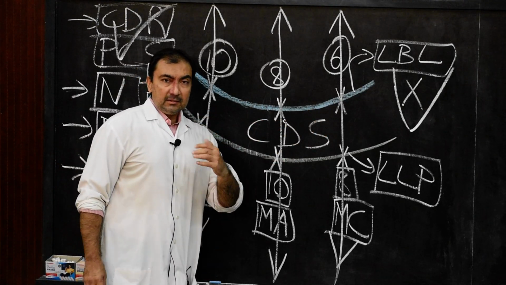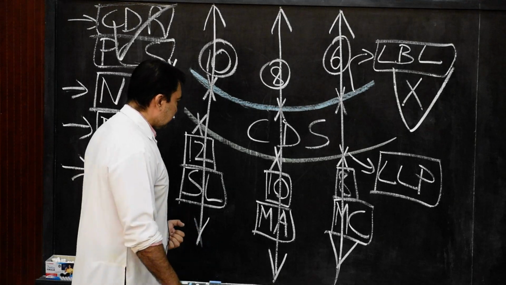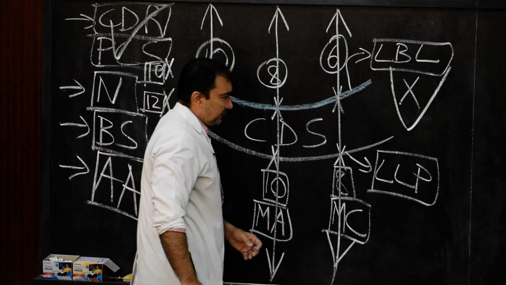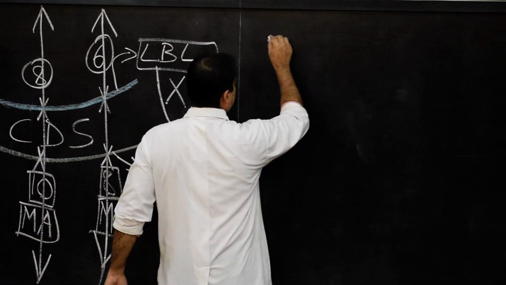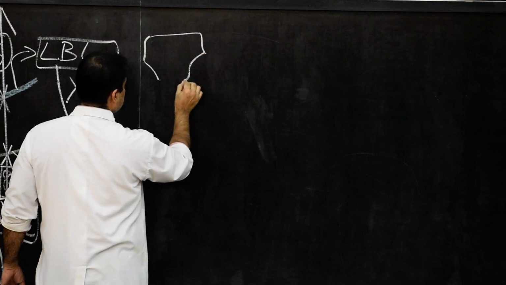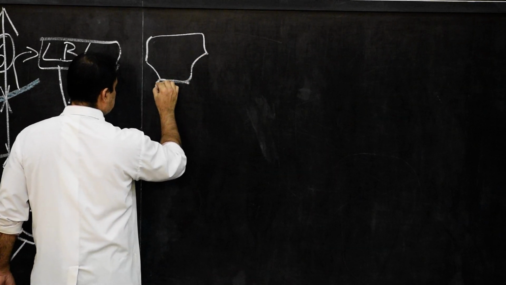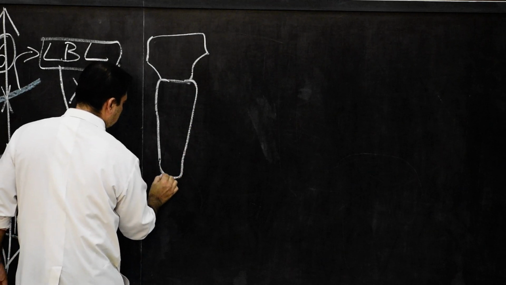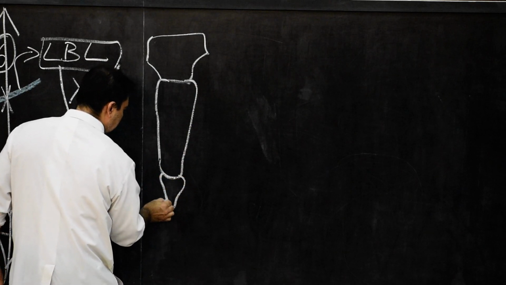Now, 3 more line diagrams are very important in this. Supposing if we come on this side over here, we shall draw very fast, we shall draw the manubrium sterni. So this is manubrium. Over here we are going to draw the body of sternum, and beneath it we are going to draw xiphisternum.